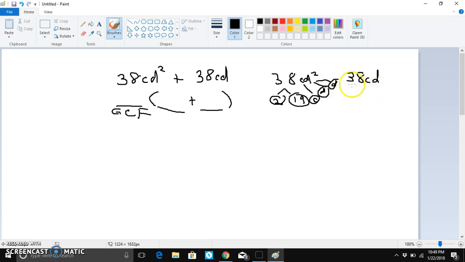Okay, so 38CD is going to have the same exact factor tree, except it's only going to have one C and one D, because there are no exponents on C or D. You just bring them down. Okay, so we're going to line up the two prime factorizations.